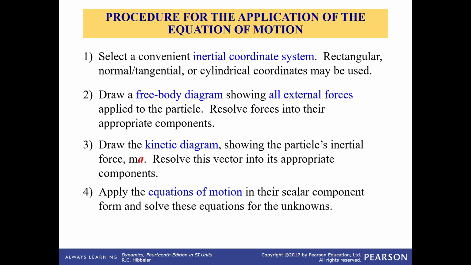Once you identify the components of Fx and ay, you separate them into their own components, which we call scalar components. So you solve for the x component, the y component, and then the z component. That's one example, but it might differ if you use another coordinate system like normal-tangential or cylindrical coordinates.